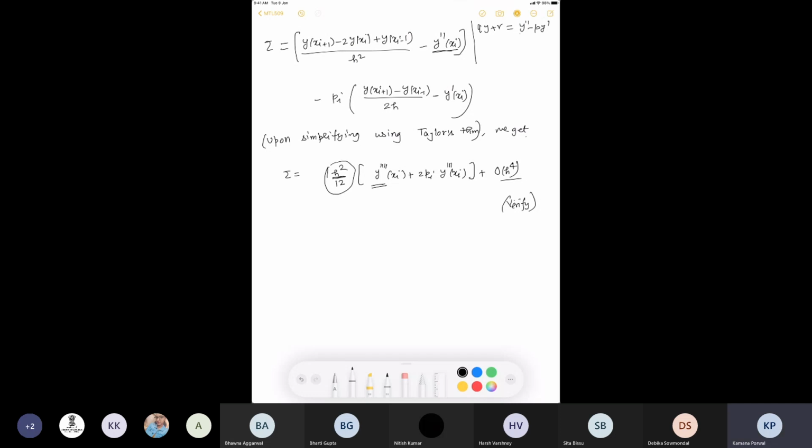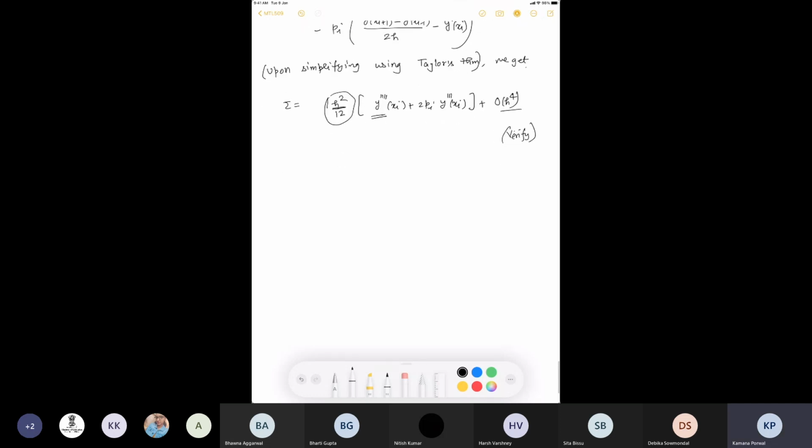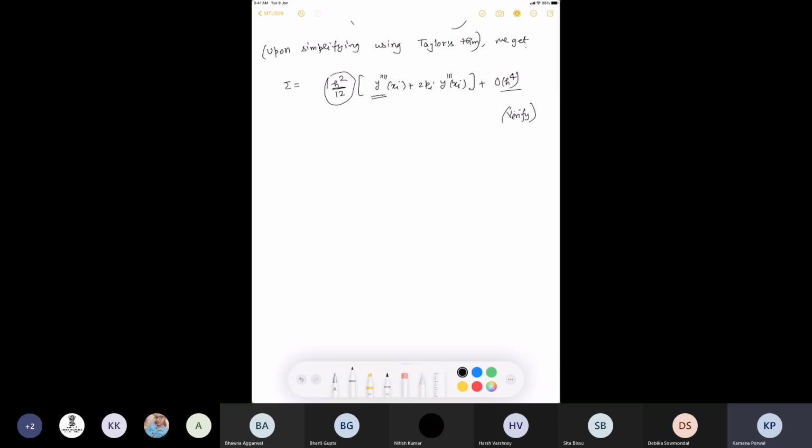Now let's take one example and see how we really solve these problems. Suppose we have to solve d2y by dx squared minus y equals 0, with y at 0 equals 0 and y at 2 given to be 3.62686.